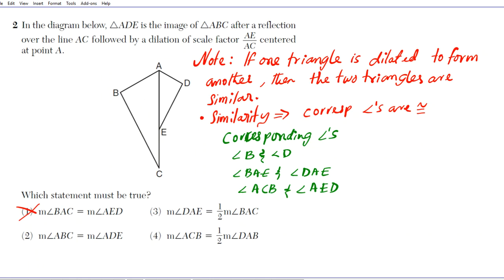Statement 2, we have two angles here: angle ABC and angle ADE. These are corresponding angles. When I wrote it here, I just called it angle B, and ADE I called angle D. These two are corresponding angles, so they are congruent.